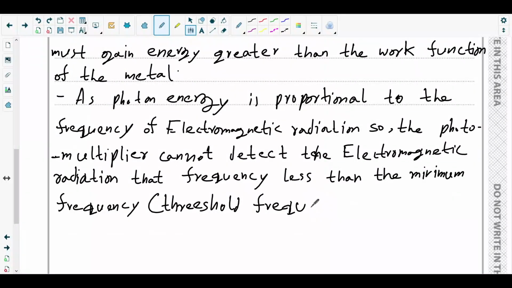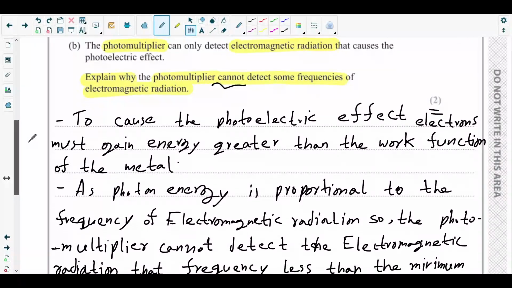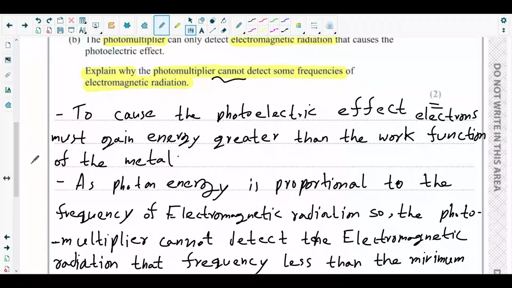These are the 2 points we can say for the explanation of why the photomultiplier cannot detect some frequencies of electromagnetic radiation. Fine. Okay, next is part C.